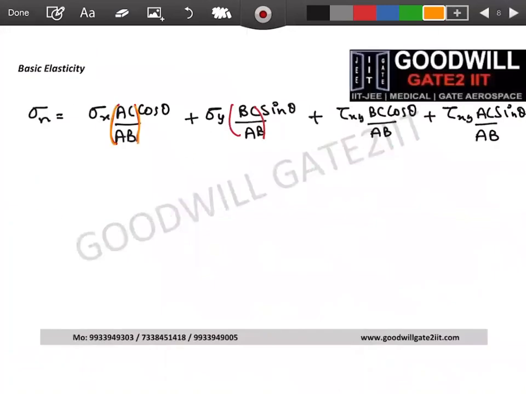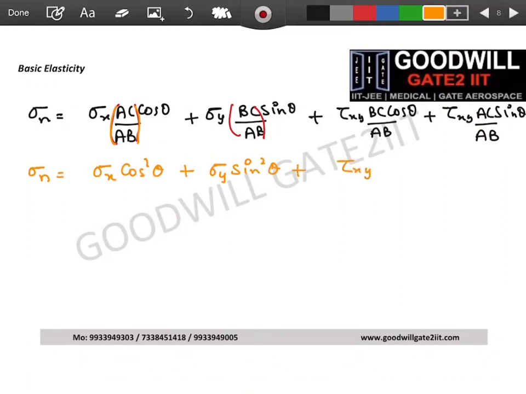So I can simply do this now. Sigma n is equal to sigma x cos square theta plus sigma y sine square theta plus tau xy.